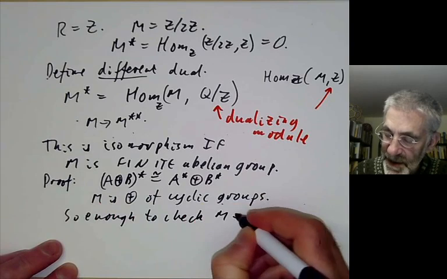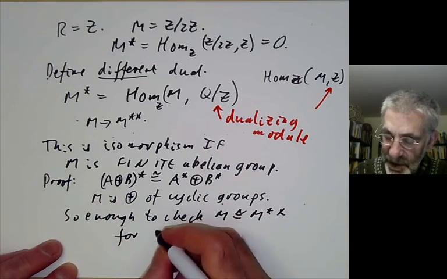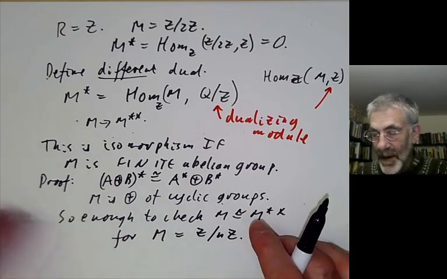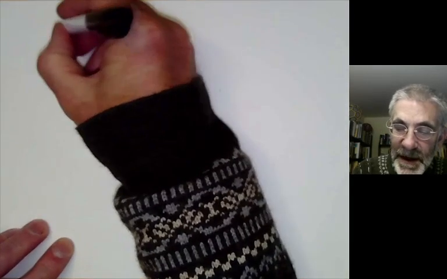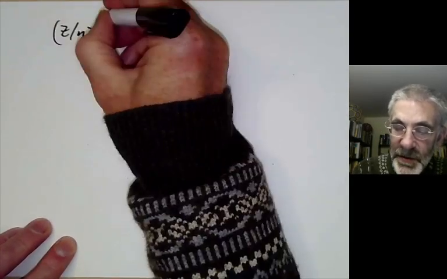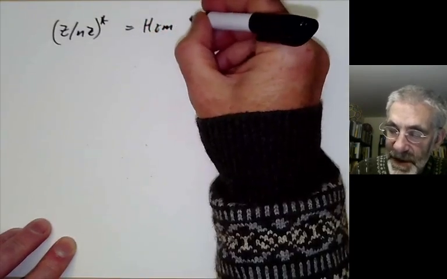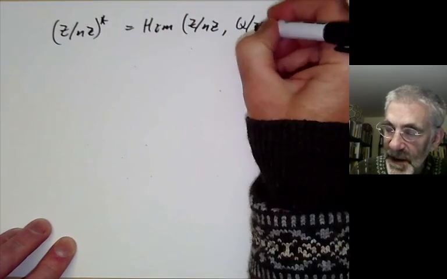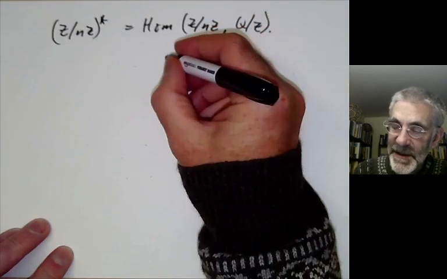that M is isomorphic to M double dual for the special case of a cyclic group, M equals Z over nZ. And this is easy to calculate because the dual of Z over nZ is just all homomorphisms from Z over nZ to Q over Z. So suppose g is a generator.